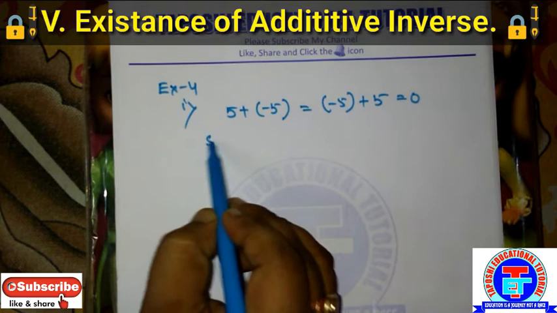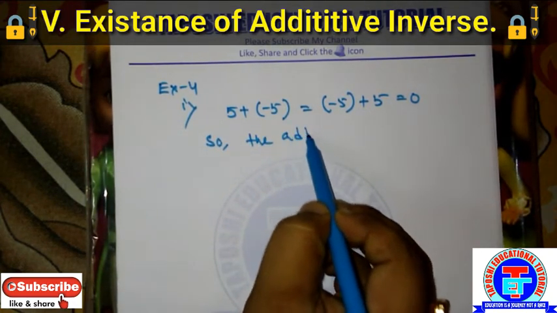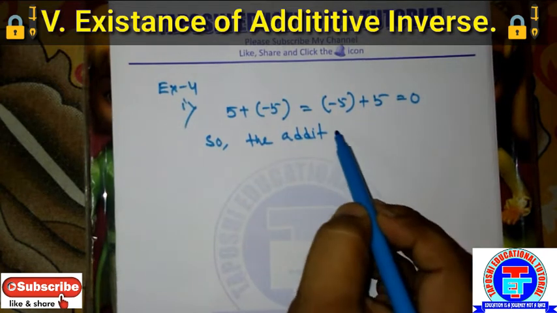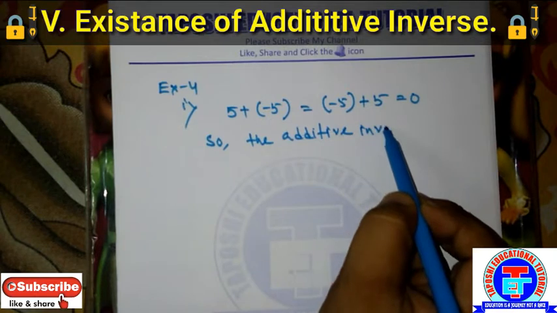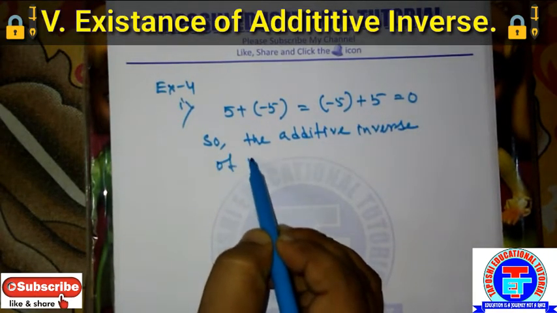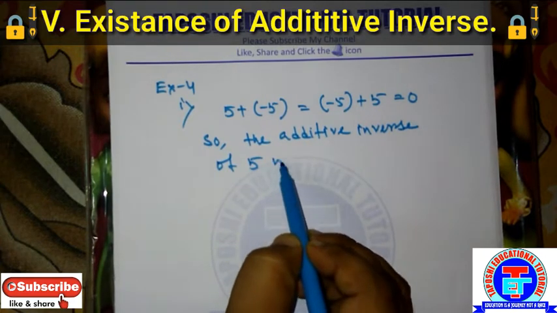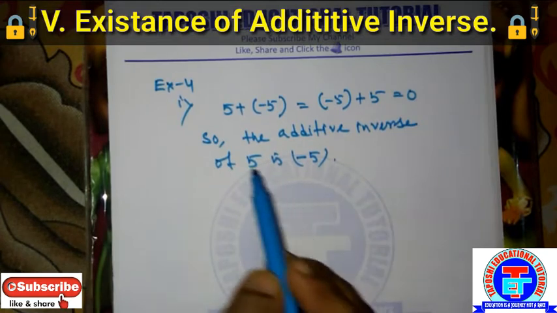So the additive inverse of 5 is minus 5, right?